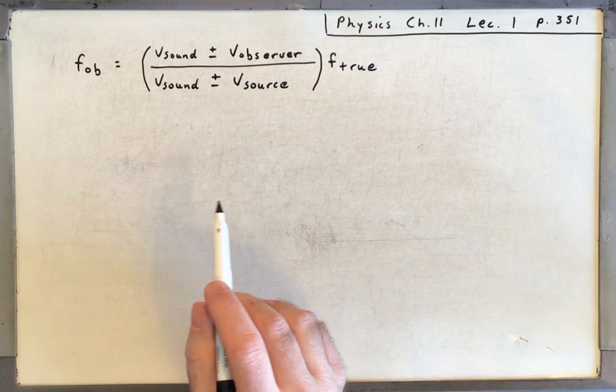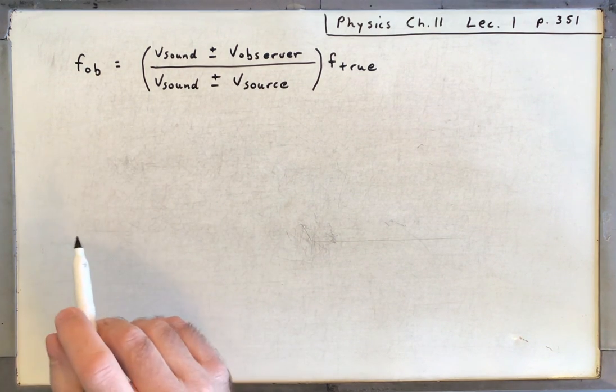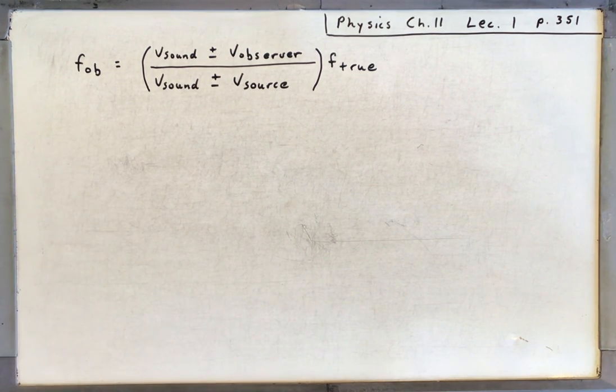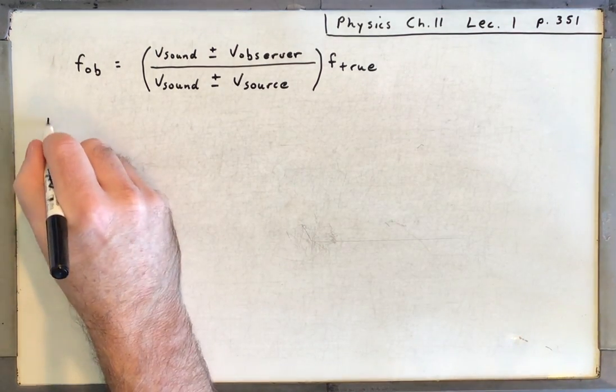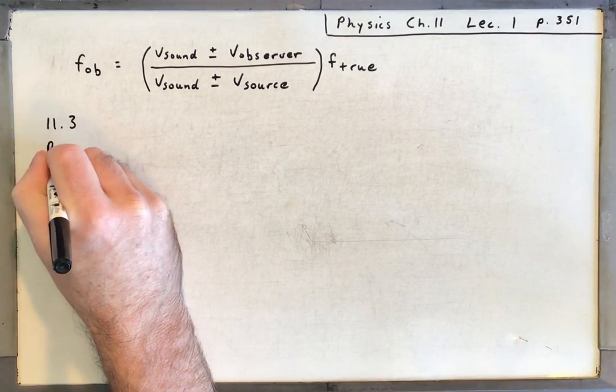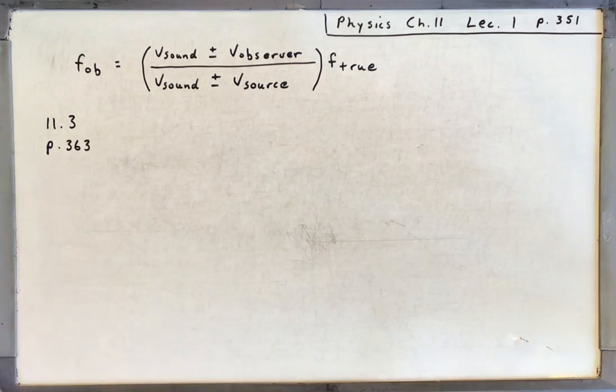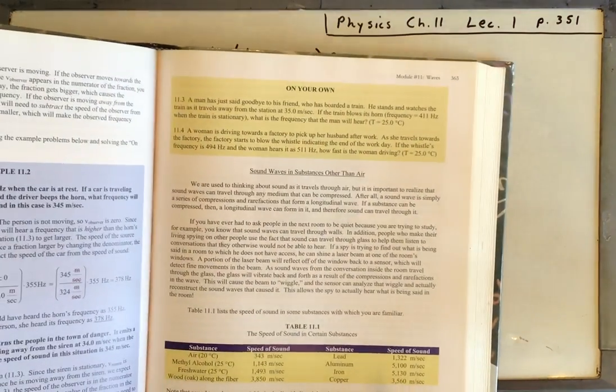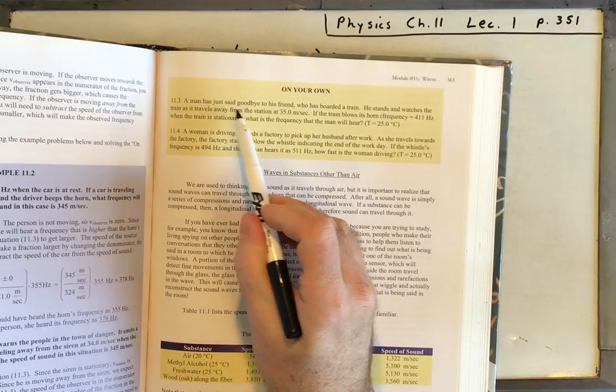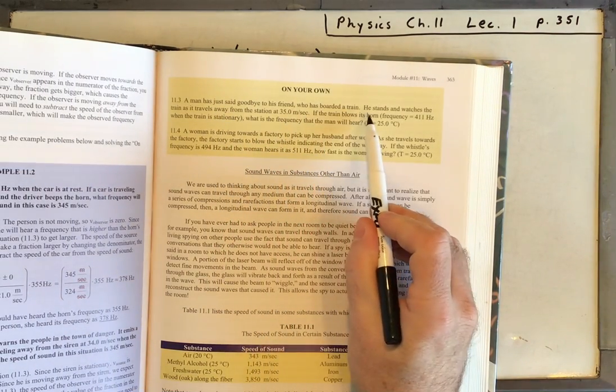So let's look at 11.3, and we are on page 363. Okay, so it says a man has just said goodbye to his friend who's boarded a train.